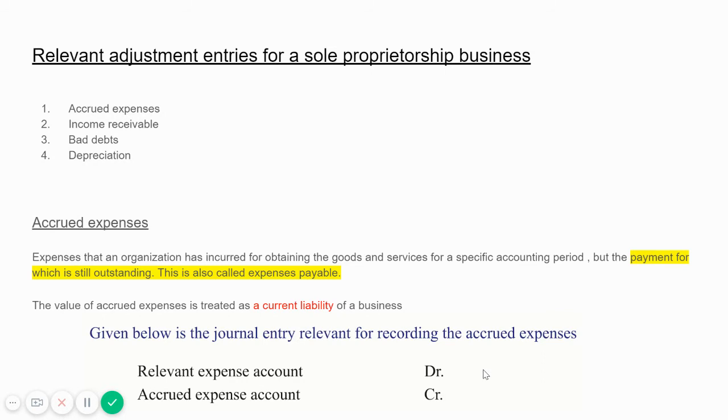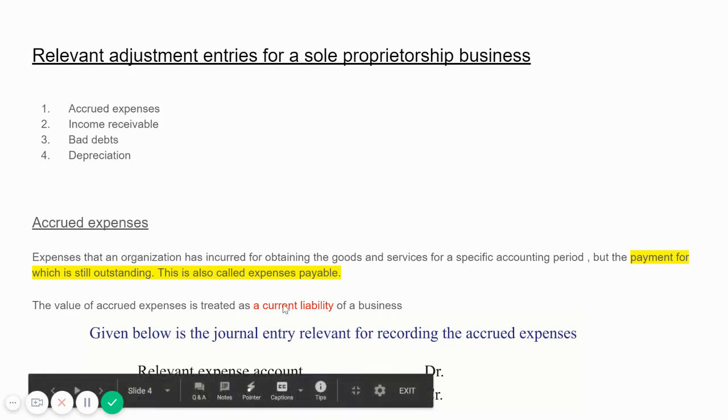Then if it is the telephone expense, we will be opening up a new account called accrued telephone expense account. And that new account we will be crediting. Why? Because we said that it is going to be a current liability of the business.